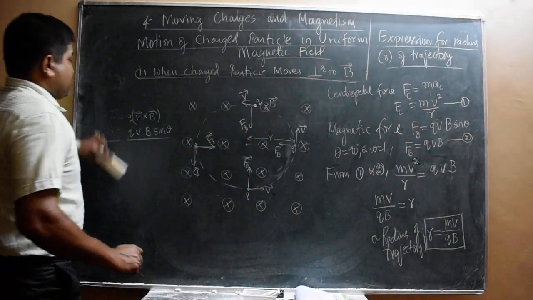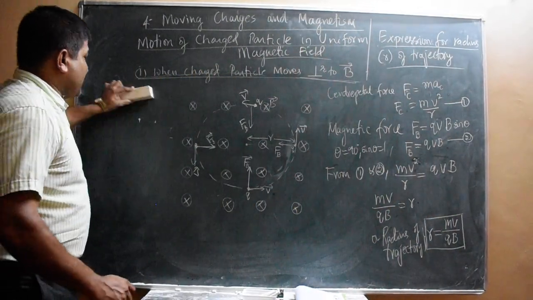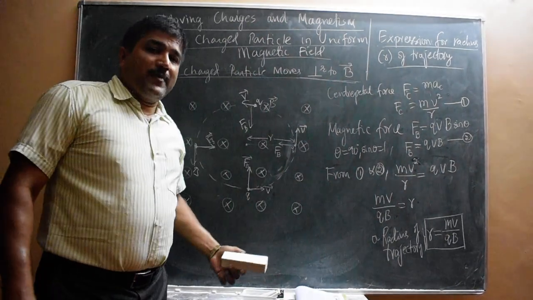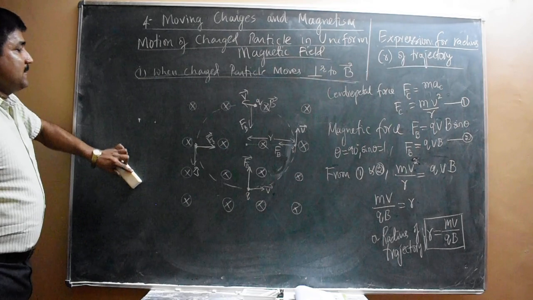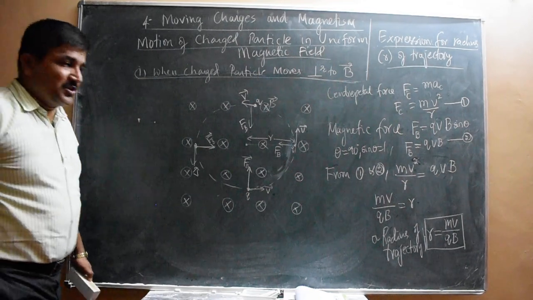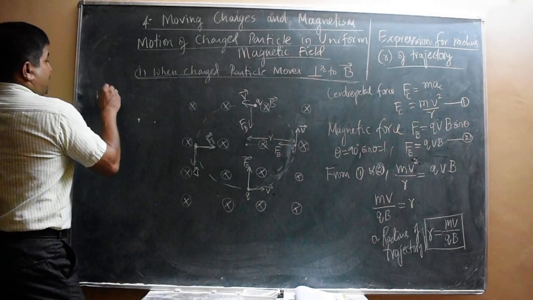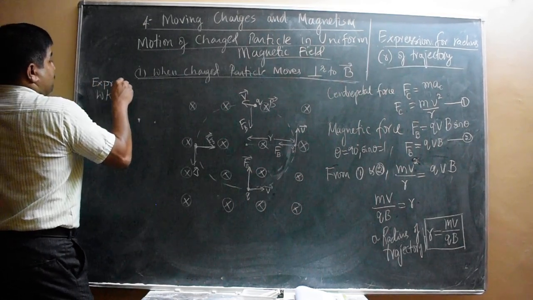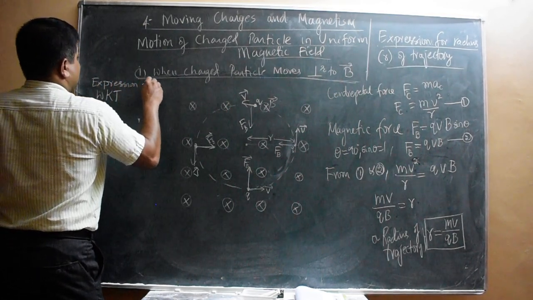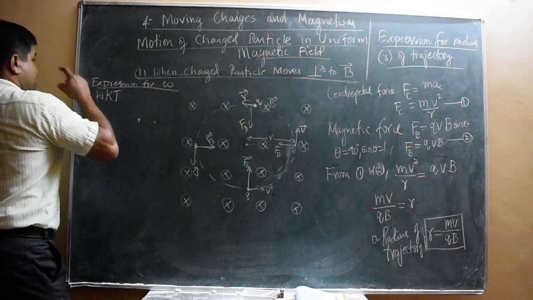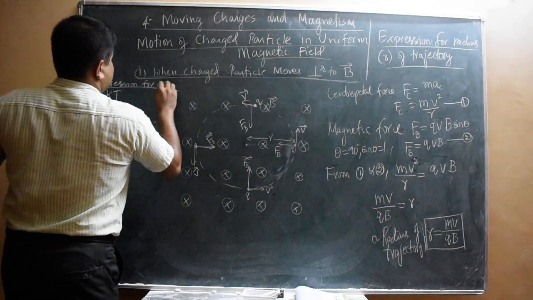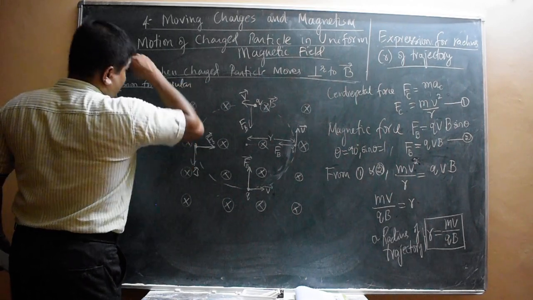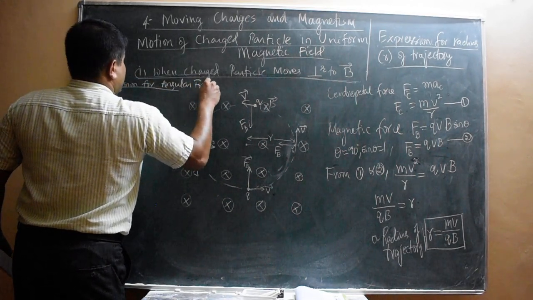Now we have to get the expression for frequency and angular frequency. Angular frequency omega we have studied in first year in rotational motion. So expression for omega, angular frequency, and then we can write for frequency and also for time period.